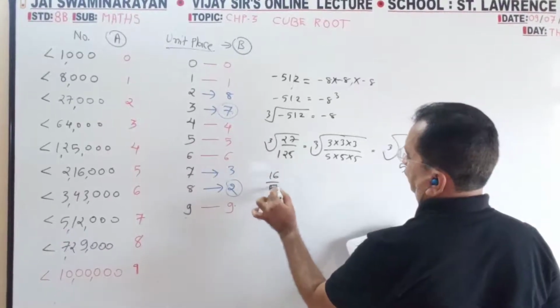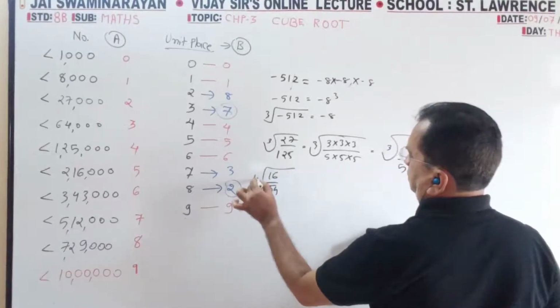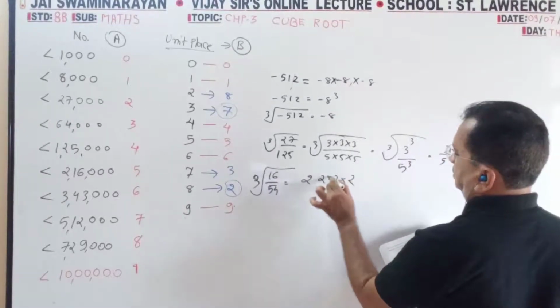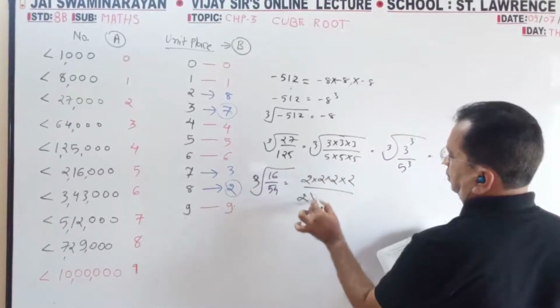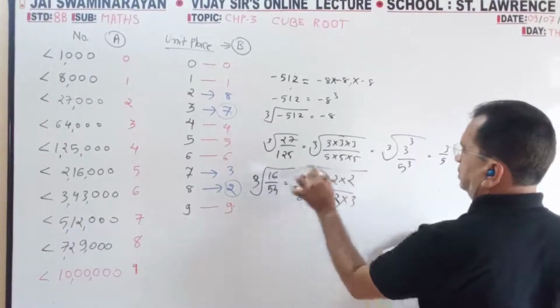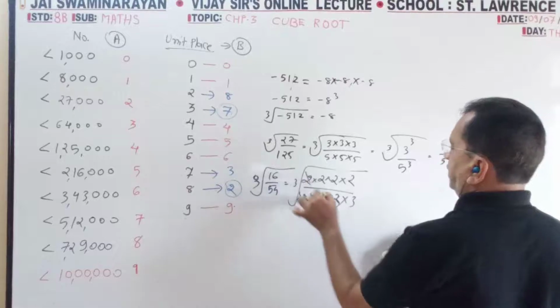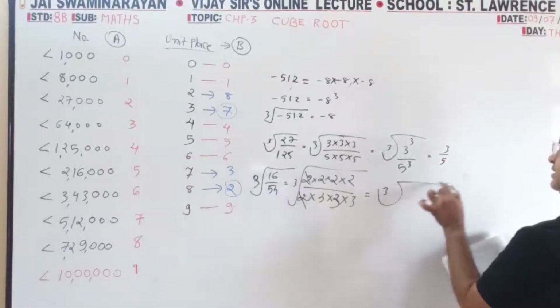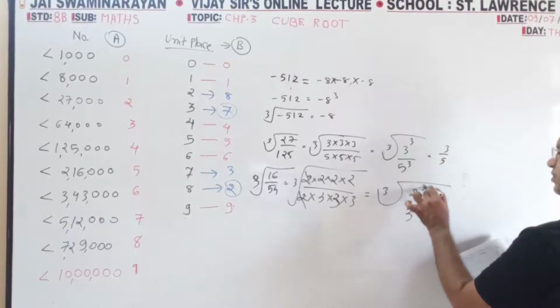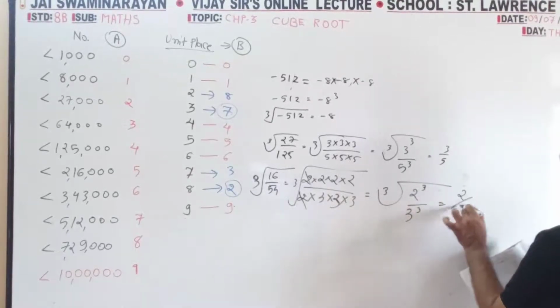Now 16, 54 cube root. So 2 to the 4 to the 8 to the 16. 2 into 27, 3 into 2, 3 into 3. 2 to cancel. That is 2 cube, 3 cube, cube root gone.